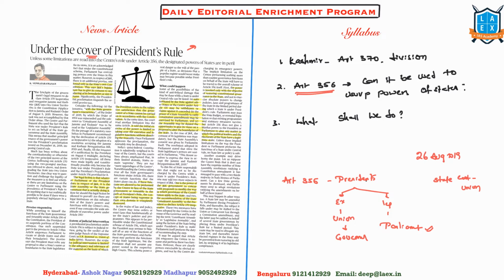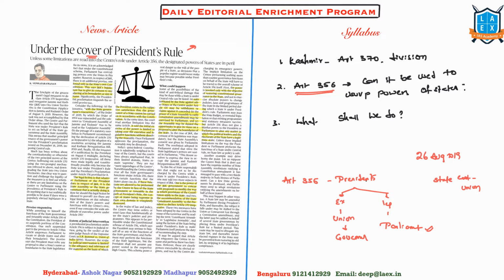In this scenario, Article 370 was abrogated in consultation with the state government of Jammu and Kashmir. So there is a legal fiction over here. As the Jammu and Kashmir government does not exist, that matter was decided by the governor as the representative of the union.